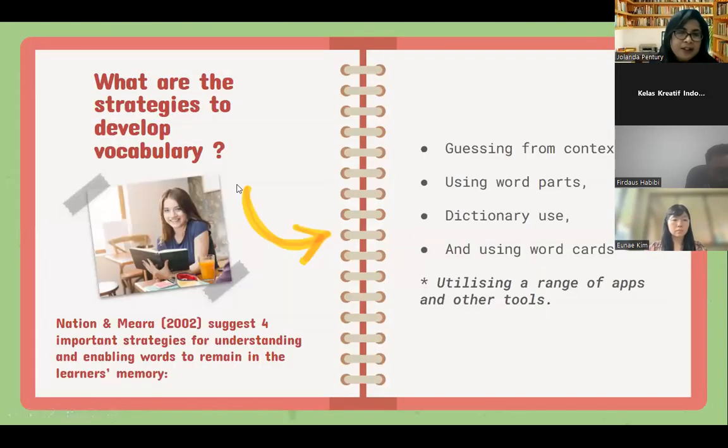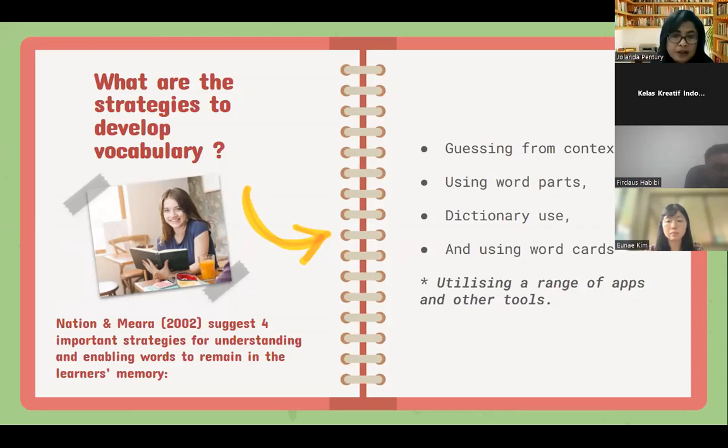What are the strategies to develop vocabulary? According to Nation and Moran, there are 4 important strategies for understanding and enabling words to remain in learners' memory. The first is guessing from the context, as Ms. Kim already explained, and using word parts. Guessing from context means we can give context clues, and then using word parts, from part of speech, from noun, verb, and so on.